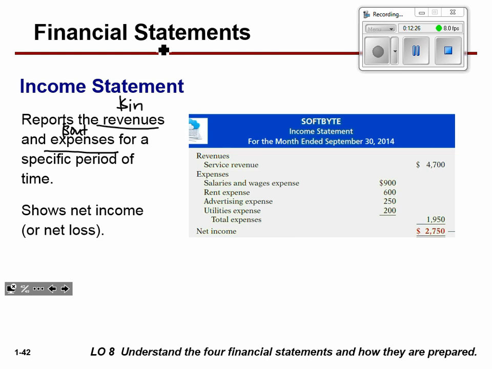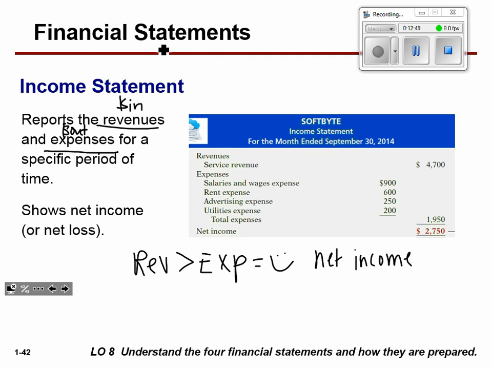We know that those have been kind of hiding in owner's equity right now, but we really should know that they belong on the income statement. A few things that I'd like you to note: when revenue is greater than expenses, we're happy, because that is what's called a net income. If you make more money than you spend, you have a net income.